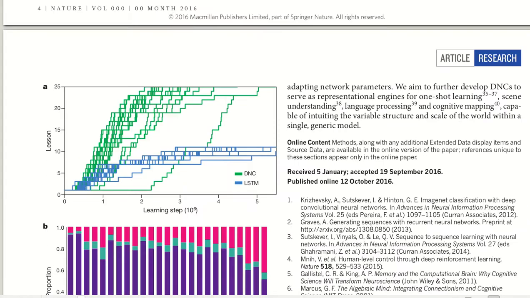They show here that as the lessons become more and more difficult in this curriculum learning, the LSTM gets stuck at around 10 in these lessons, whereas the DNC basically does not, which makes us think that the DNC would be able to perform still pretty well on problems that are much larger.